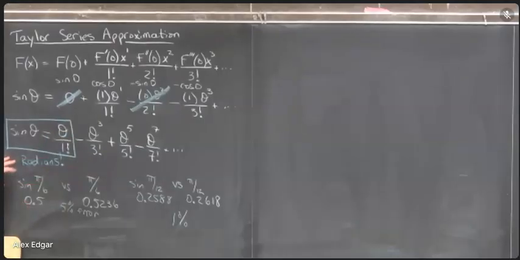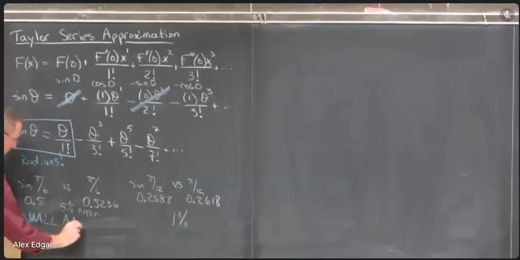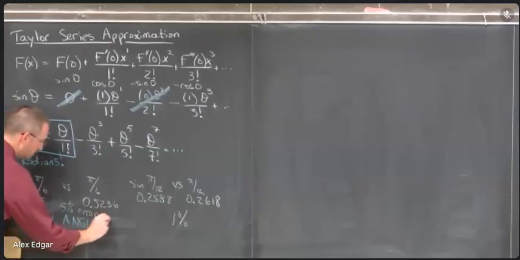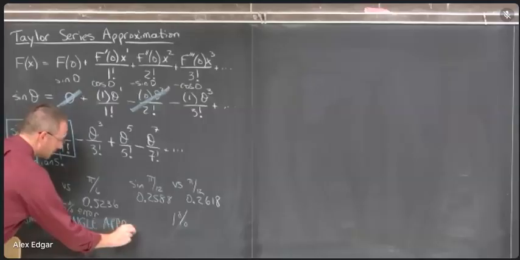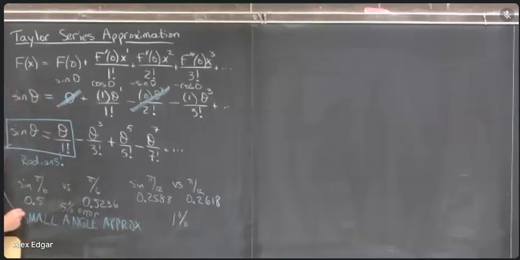This is known as the small angle approximation. And it allows us to make the equation that we're looking at a lot more user-friendly.